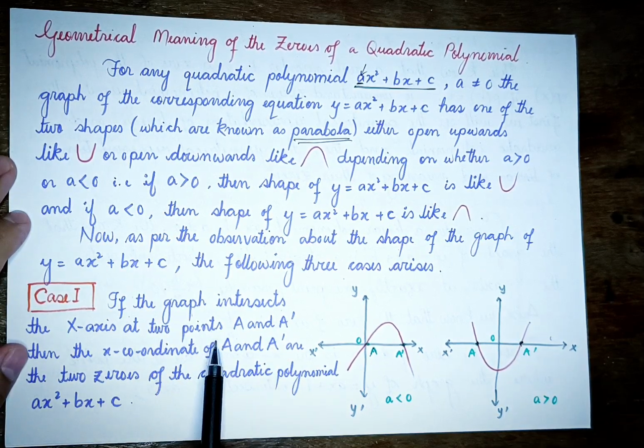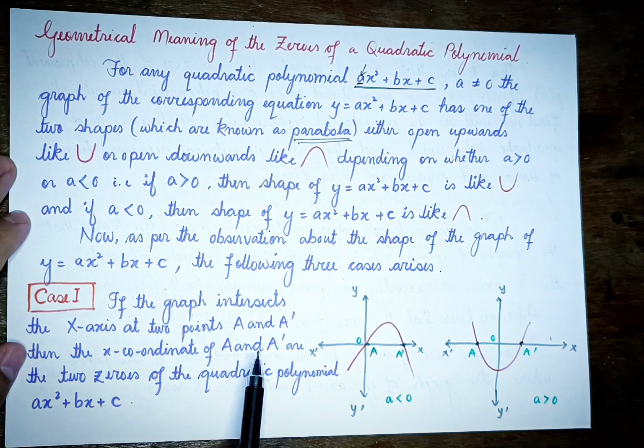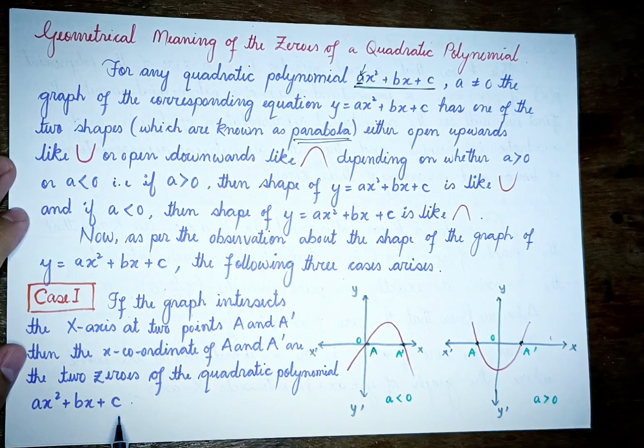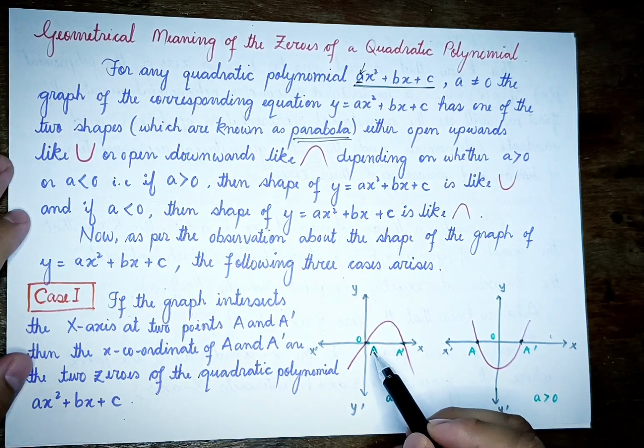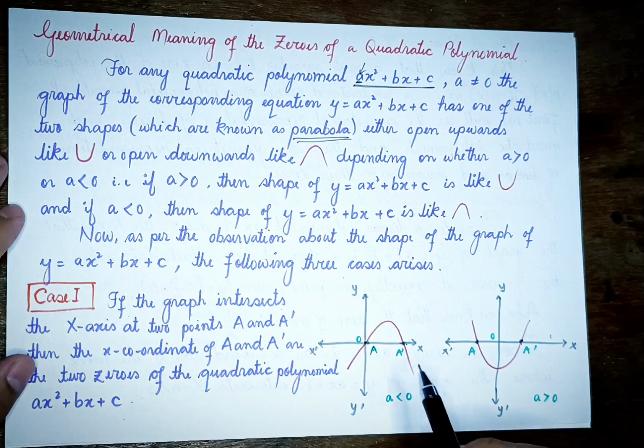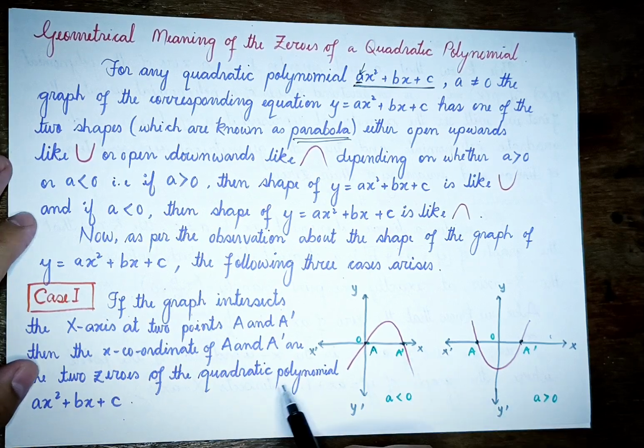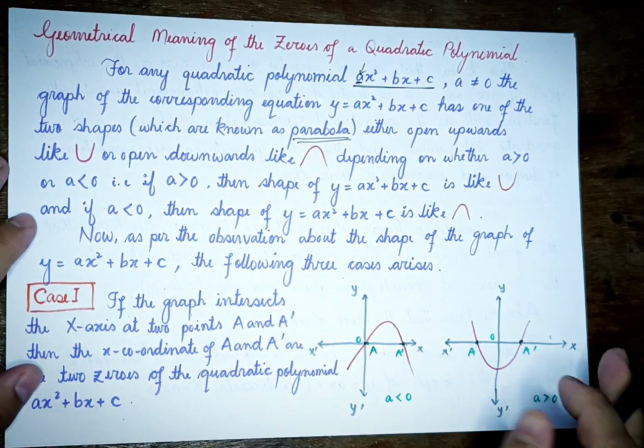Then the x coordinates of A and A prime are the two zeros of the quadratic polynomial ax squared plus bx plus c. So the graph and the x-axis intersect at 2 points, and this quadratic polynomial has two zeros.